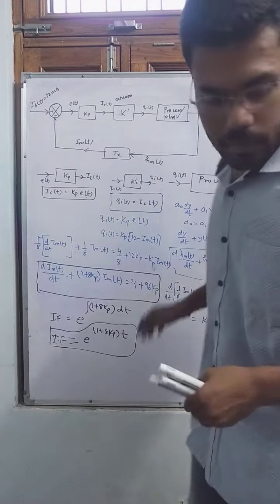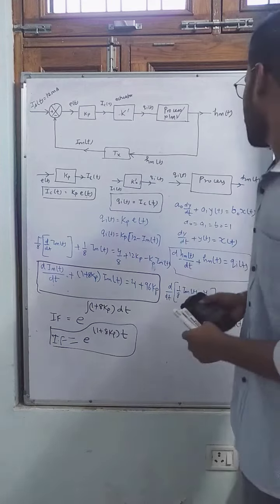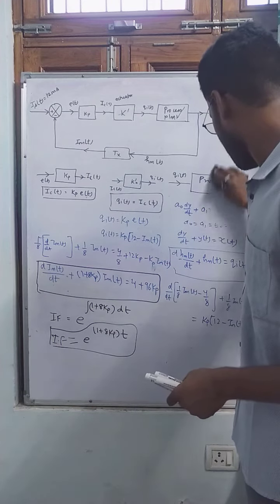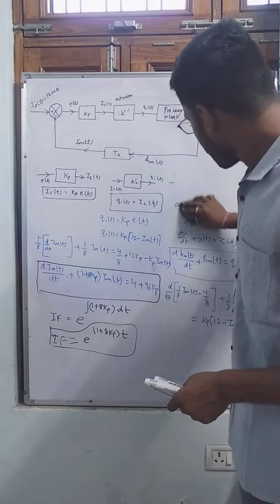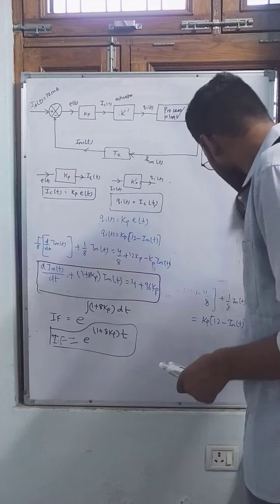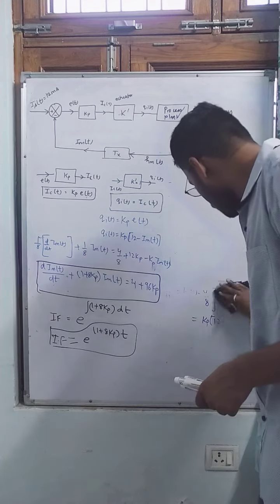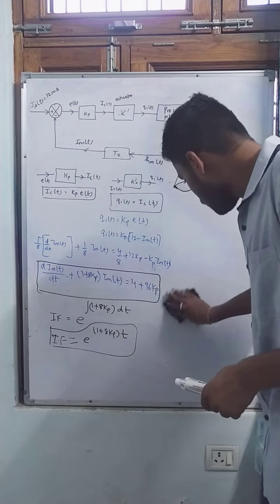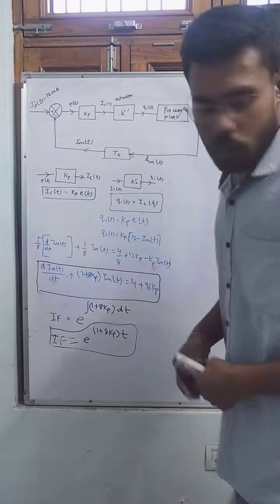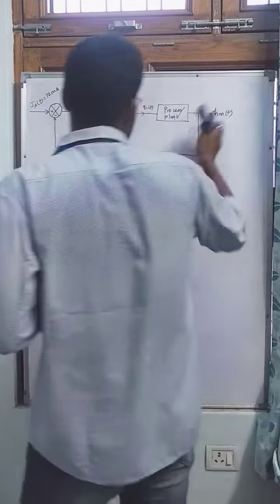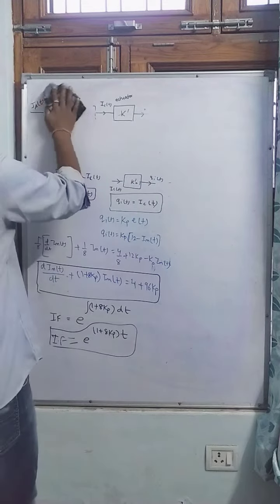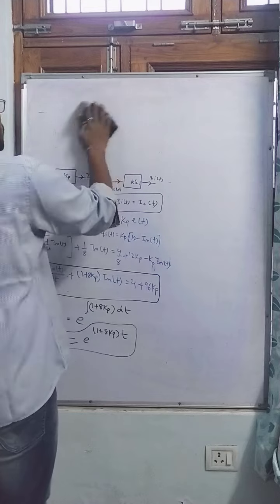I am erasing this part. Fine. Now you know very well. I am also erasing this diagram because our motive for this diagram is fulfilled, so we don't need it.